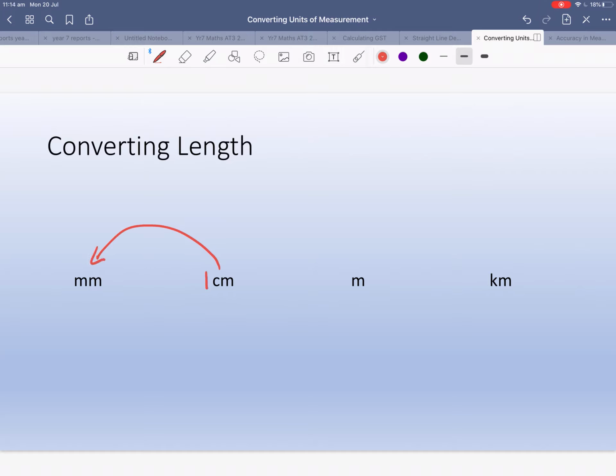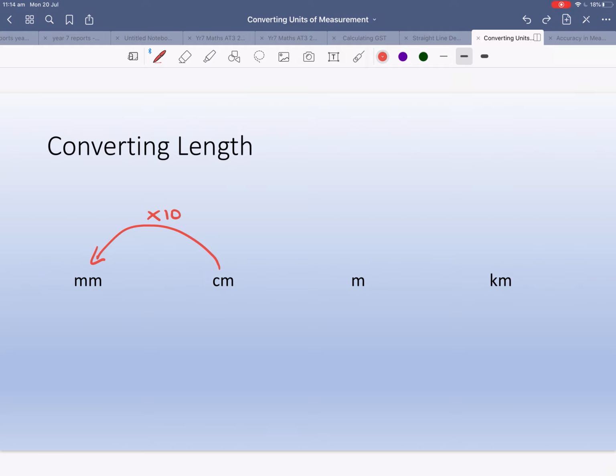So 1 centimeter is 10 millimeters, which means that to go from here to here, we've got to multiply by 10, okay? So to go from centimeters to millimeters, you've got to multiply by 10 because 1 centimeter equals 10 millimeters, all right? So you've got to think about that properly.